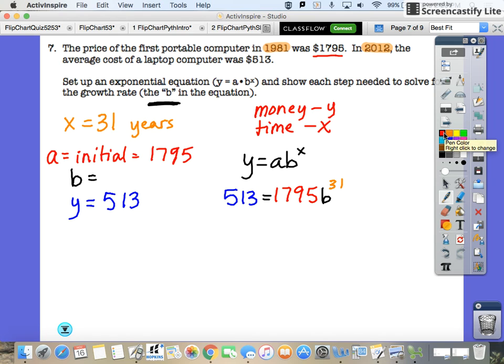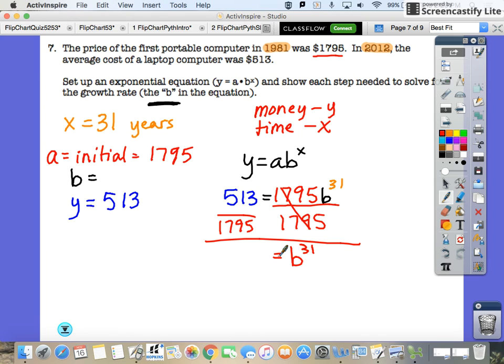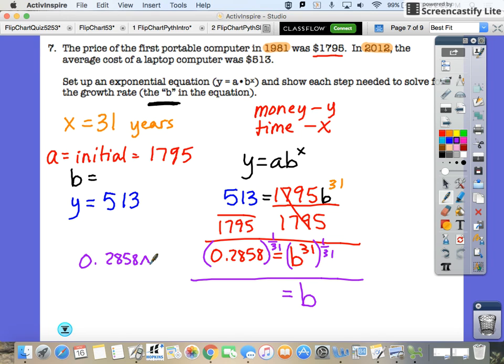So to solve, we start by dividing by 1795. B to the 31st equals 0.2858. Then we raise both sides to the reciprocal power. This is B equals, and in your calculator you type 0.2858 caret 1 divide 31, close that, and you get 0.96.